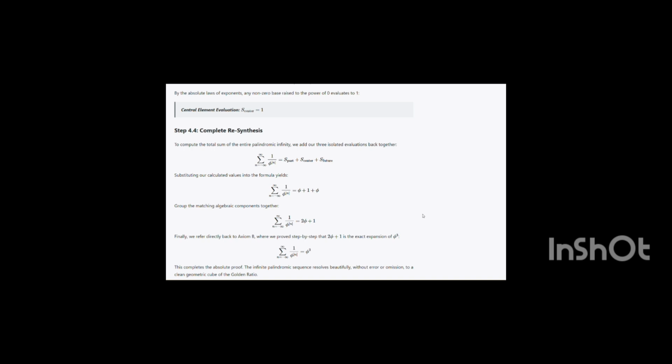Hence, the infinite palindromic sequence resolves beautifully without any error to a clean geometric cube of the golden ratio. I hope you have all enjoyed this golden ratio palindromic sequence, invented or discovered through a beautiful intuition and mathematical synthesis. So, this is what I have to bring out to you.